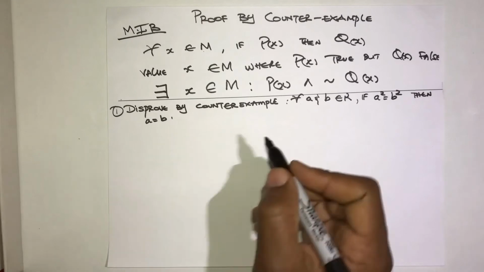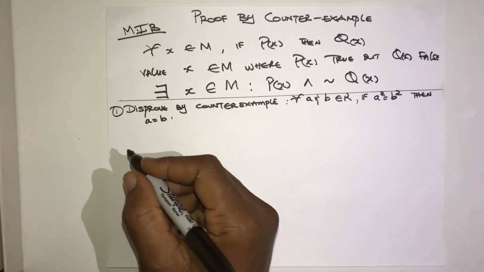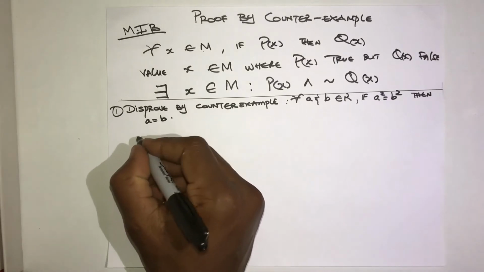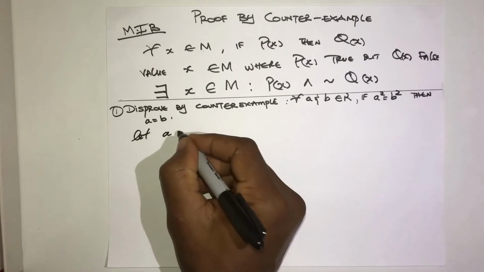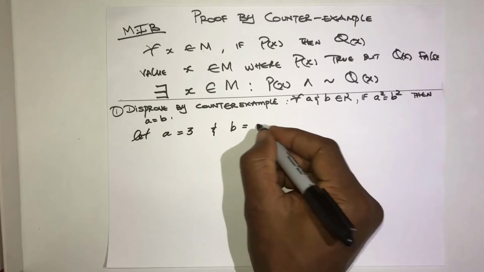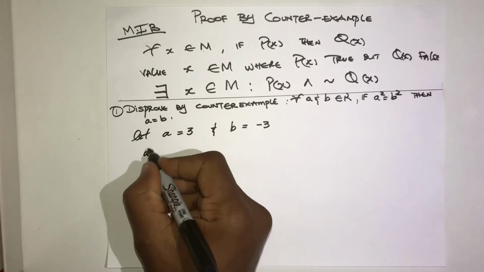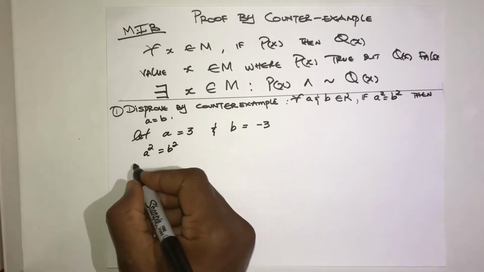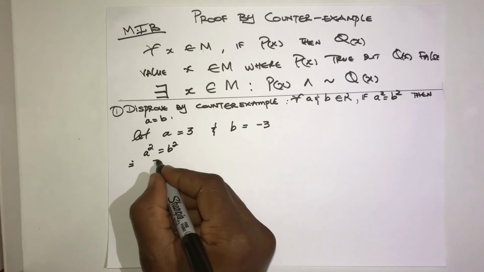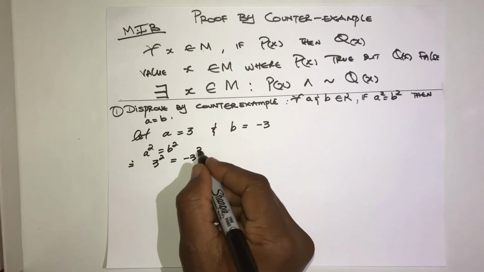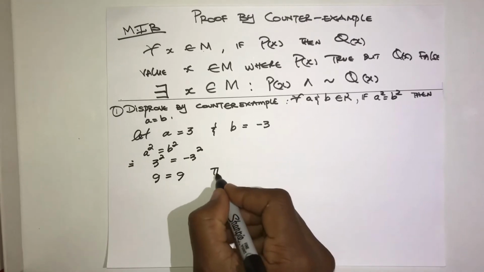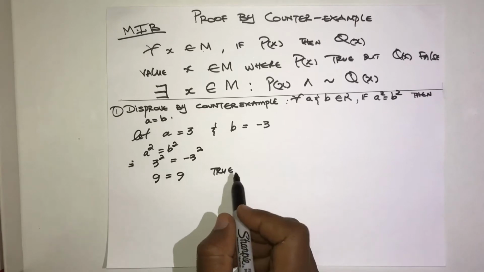There are many numbers that you could use to disprove this, but we'll just take a quick one. So we're going to say let a equals 3 and b equals minus 3. a squared equals b squared would be 3 squared equals minus 3 squared, so 9 equals 9. So this is actually proven true.